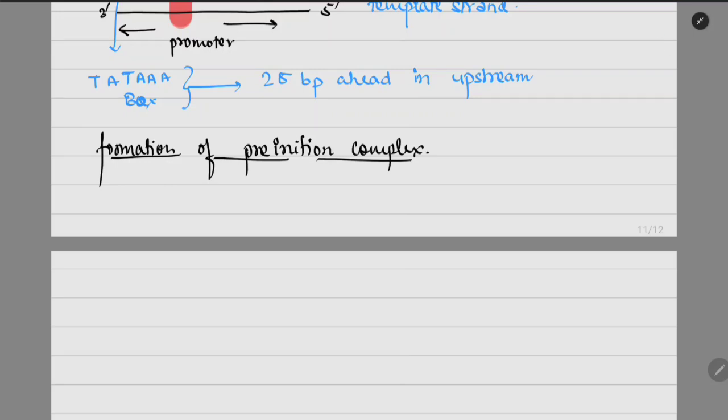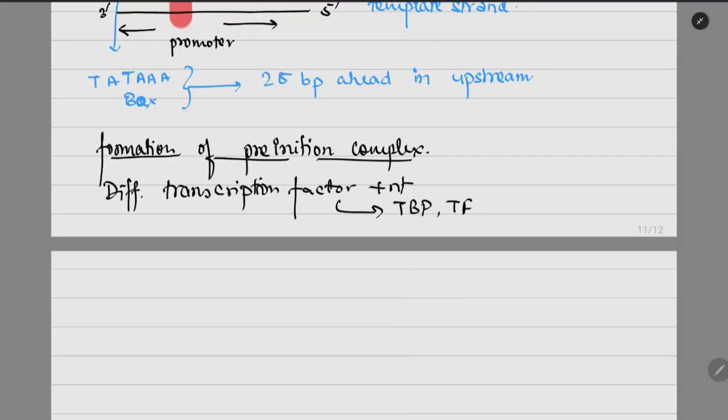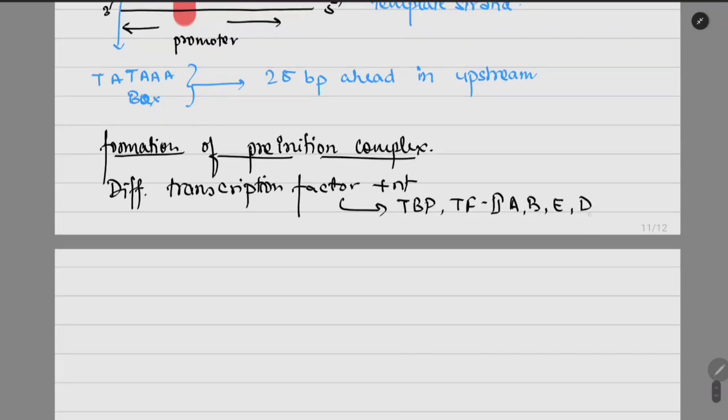In the pre-initiation complex, there are different transcription factors present. Examples include the TATA binding protein, transcription factor 2A, B, E, D, H, and F. These are different transcription factors which help in the formation of the pre-initiation complex.